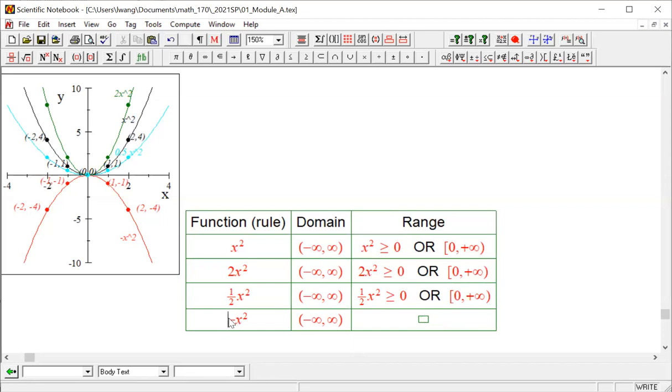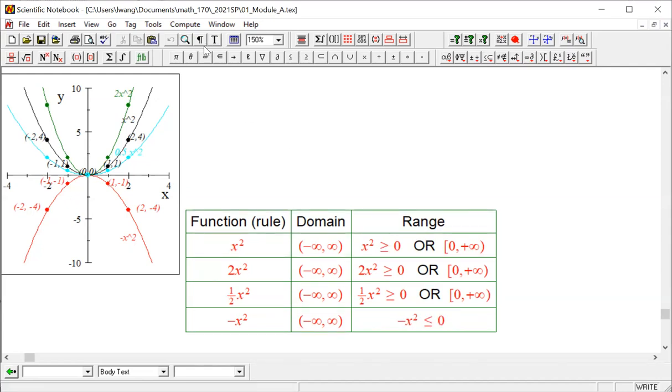However, for negative x squared, the range will be changed. Because if x squared is greater than or equal to 0, negative x squared would be less than or equal to 0 because there's a negative sign in front of it.